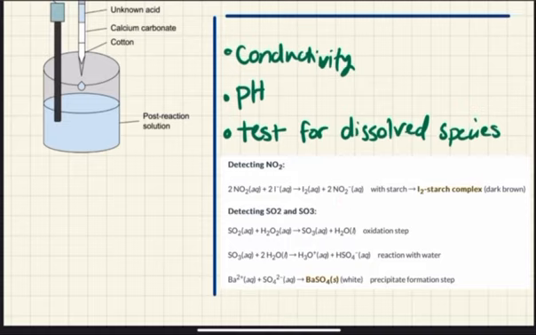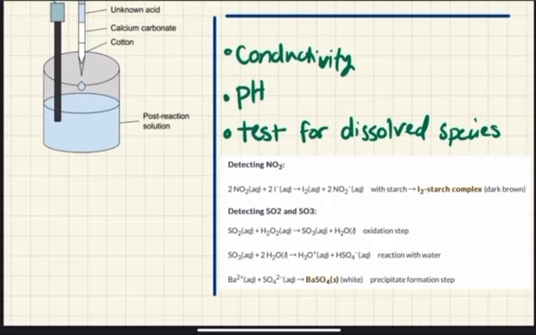The reason this allows us to detect nitrogen dioxide is that once your I2 forms, if you have starch present in the solution, you make a dark I2 starch complex, just like we saw in the kinetics of the iodine clock reaction. So when your solution turns dark brown, even if it's really faint, that will tell you that there is some nitrogen dioxide present in the water sample.